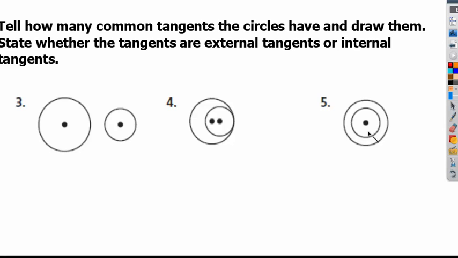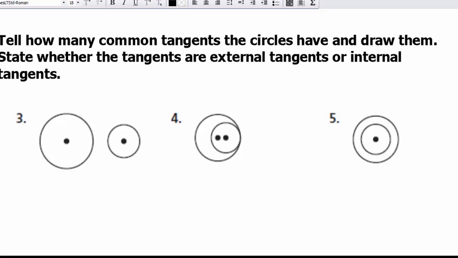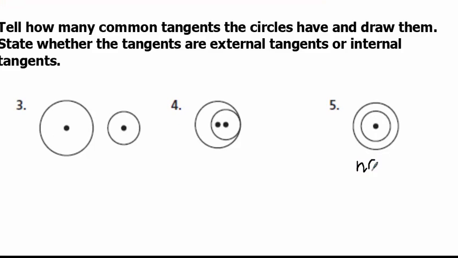Now, when we have concentric circles, they are going to have no tangents that are in common. They actually don't have to be concentric, but if one is completely inside the other one but not touching, there's no way that they can have a common tangent. And this will have an external, actually both of these will all have external tangents.